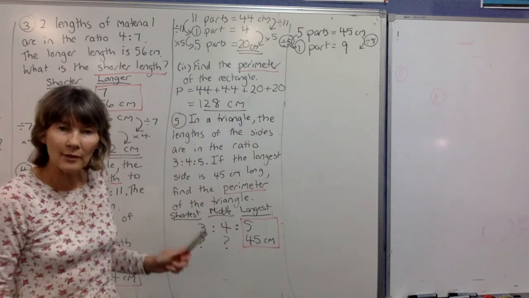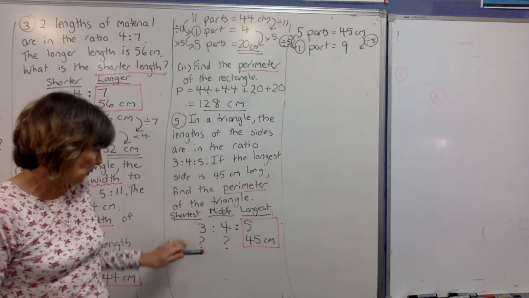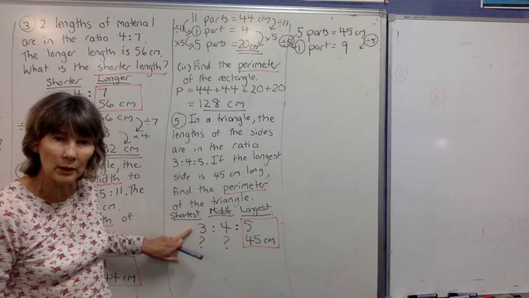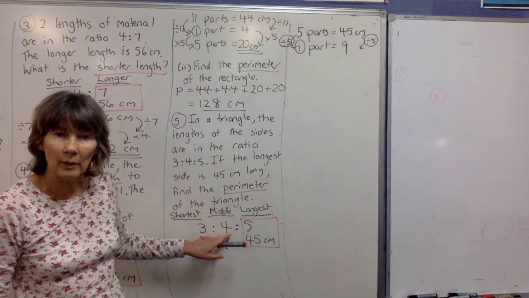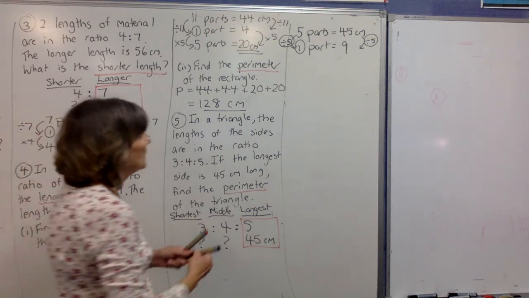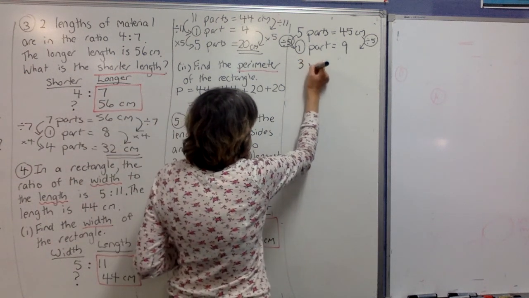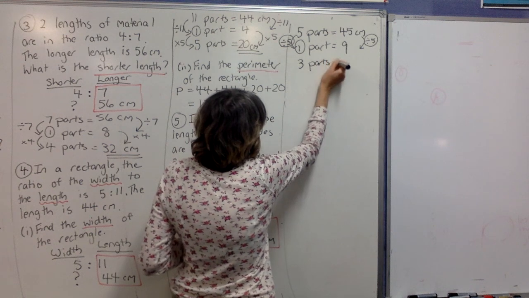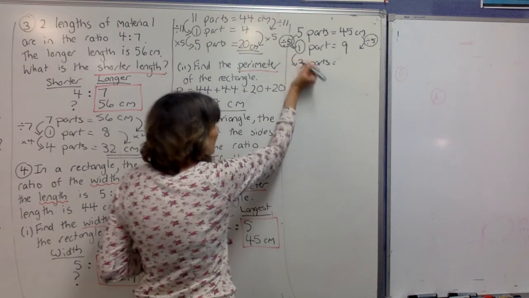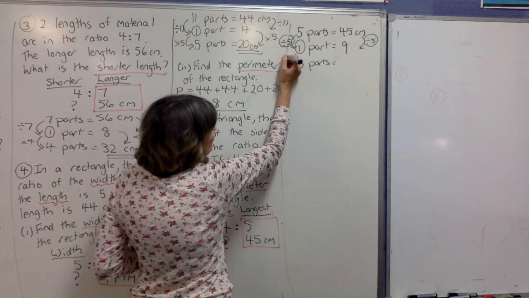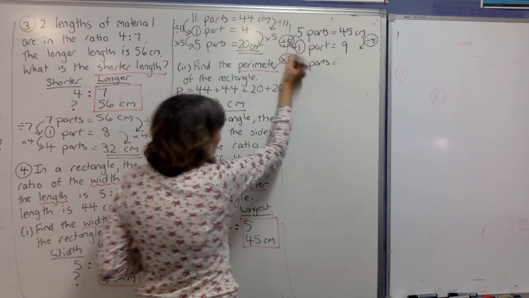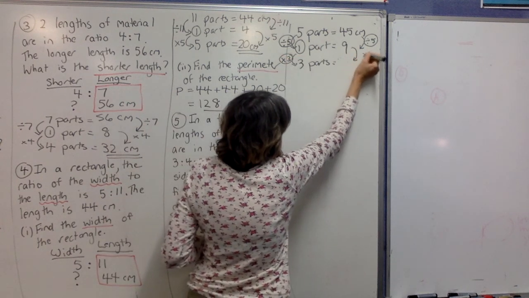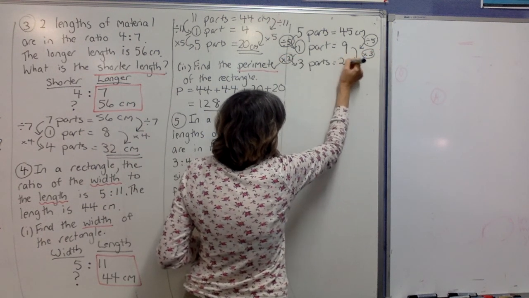Now, we need to find both of these things down here. So we need to find what 3 parts will equal. We also need to find what 4 parts will equal. So let's work on the 3 parts first. Going from here to here, 1, 2, 3, we times by 3. Do the same over here, and that will give you 27.